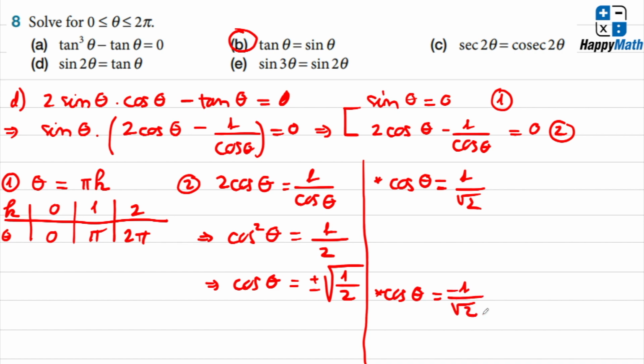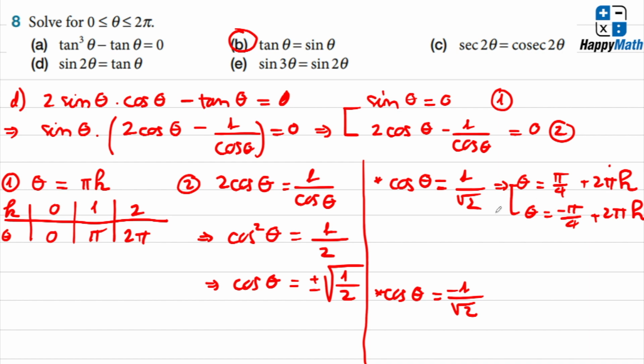So theta equals pi over 4 plus 2 pi k, and the second is minus pi over 4 plus 2 pi k.